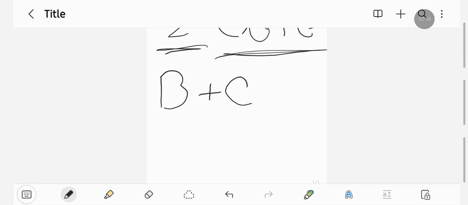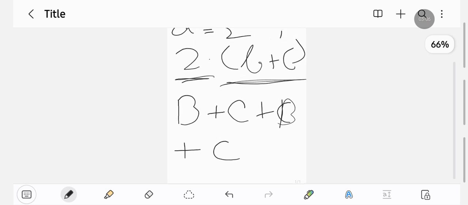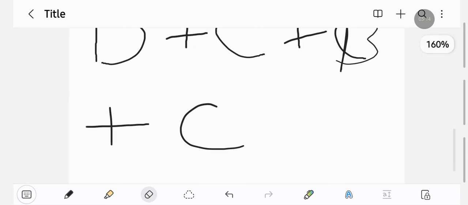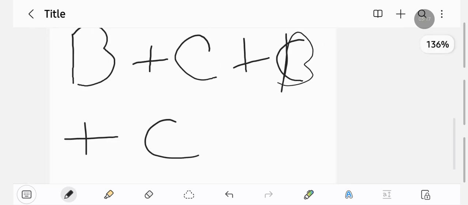So brackets are out and you write b plus c in order. Now we know order doesn't matter in addition.